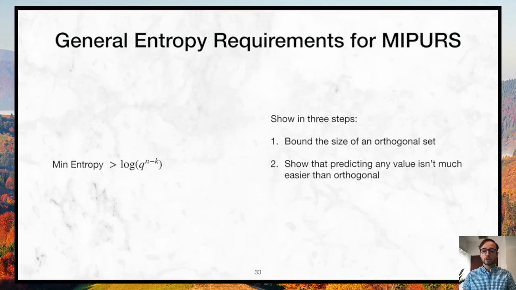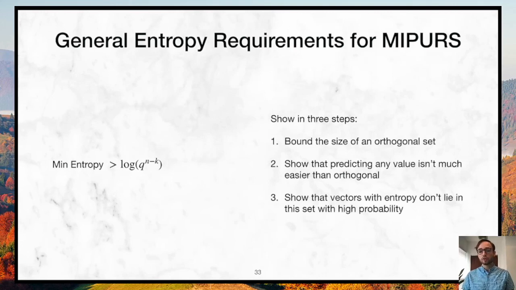We then show that predicting any value, not just 0, isn't much easier than predicting 0. And then we show that vectors with this entropy don't lie in this set with high probability. This is just an overview for what we have for our general entropy requirements. It is a significant amount of our paper, so I would encourage you to go and read the details there.